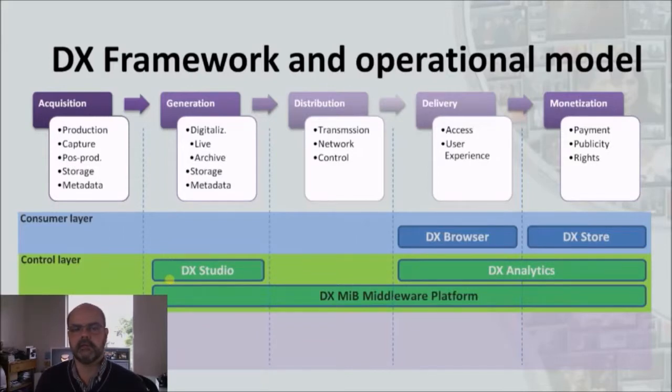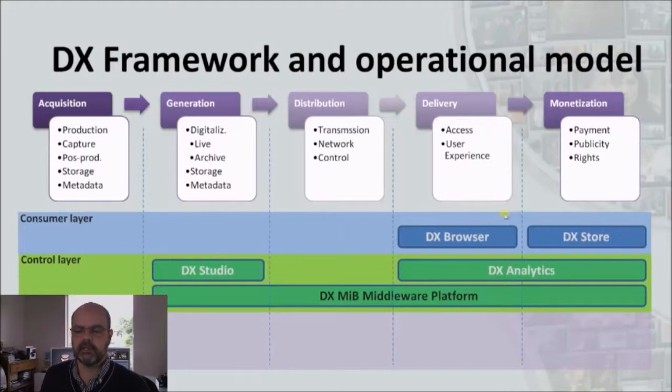And then you have DX Analytics, which is basically the collection of data, both of monies coming in and video consumption. And the video consumption is actually exported to Google Analytics as well. So with all these three components, you have a full-fledged solution for video delivery over the internet.